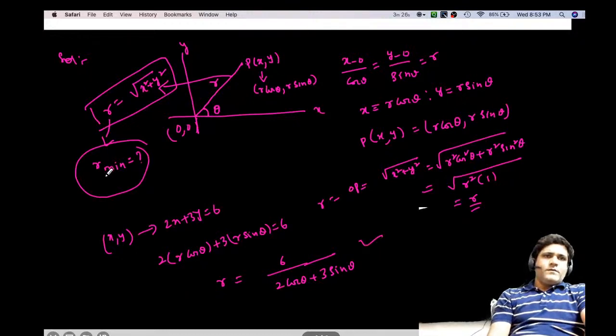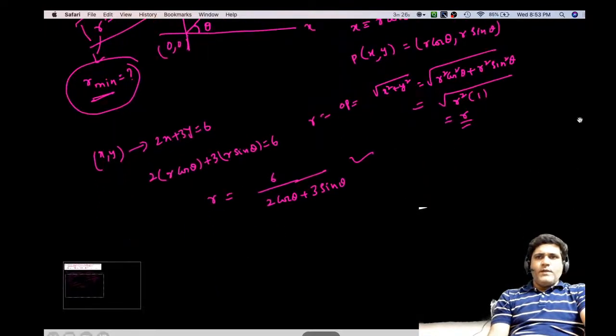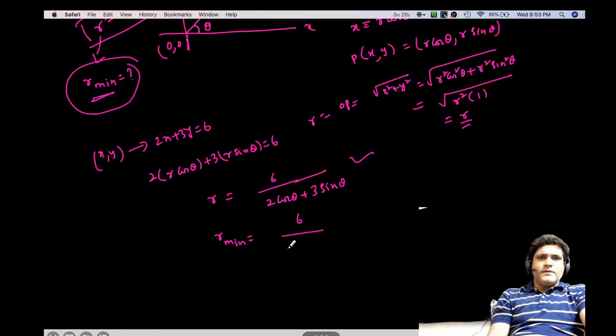What is our requirement? r minimum. r is the square root of x² + y², but we got r in terms of theta as this one. Therefore r minimum is the requirement. Since 6 is a constant, r minimum is 6 by the maximum of 2 cos theta + 3 sin theta, because the numerator is constant.